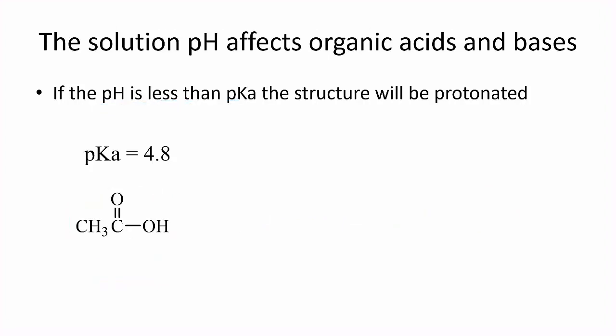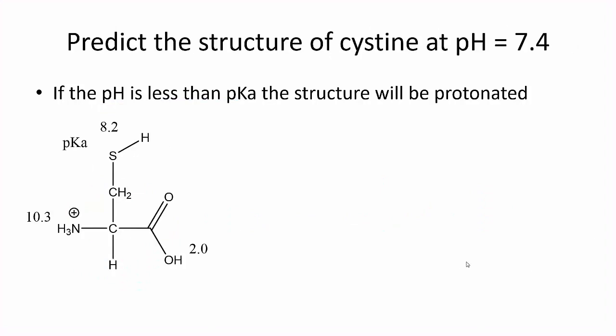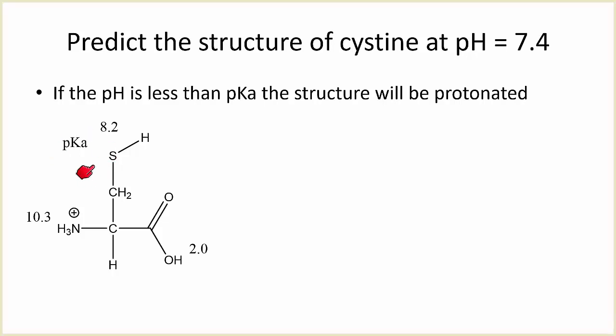So taking, for example, cysteine, the amino acid, I've written out the pKa values for you. You'll notice that this is called a thiol group. It is 8.2, and so if the pH is less than 8.2, it stays in its protonated form, that it has the hydrogen.